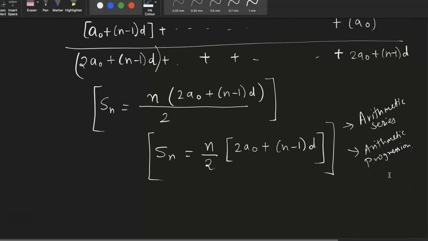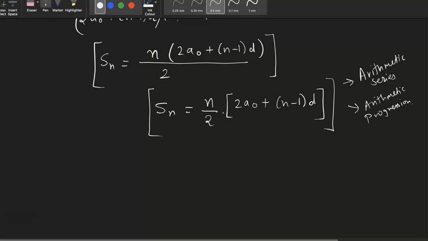Okay, now let's do a question. Let's see if our formula is correct or not. Let's say a series which is 2, 4, 6, and 8. We know the summation of this is going to be 10 plus 2, 12, 20. Let's see if it is going to be 20 or not.